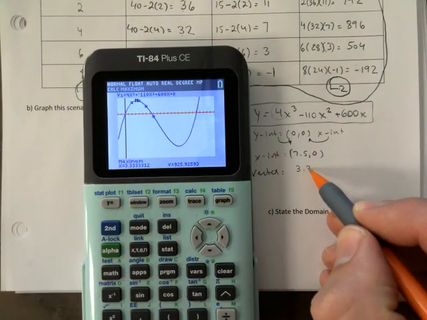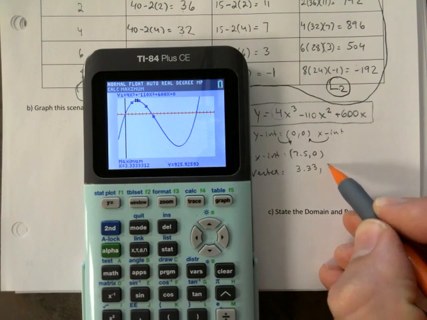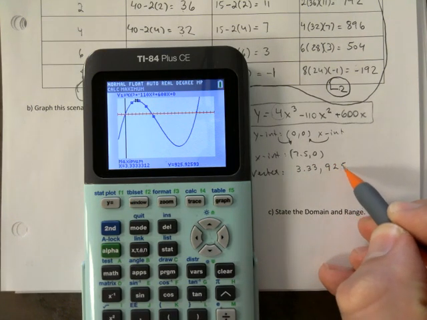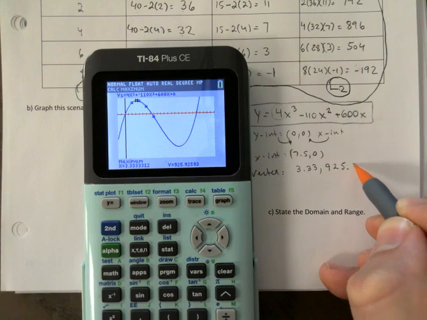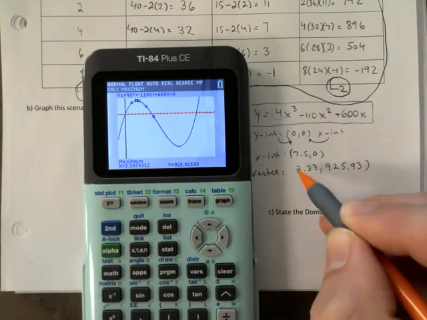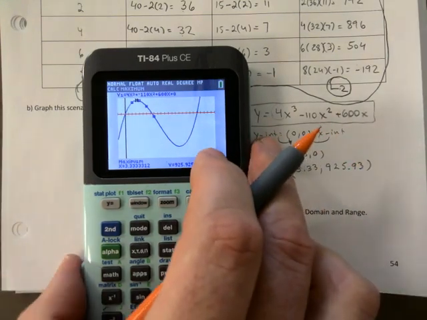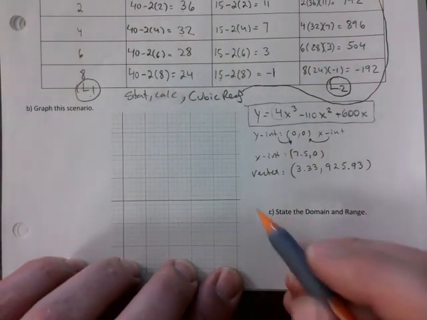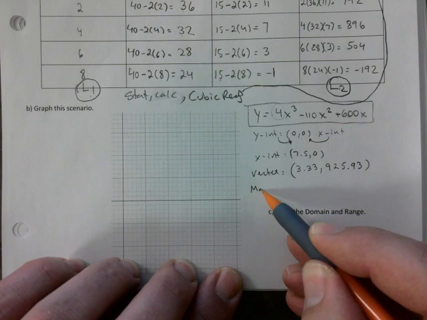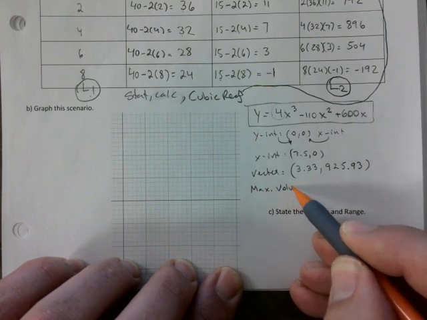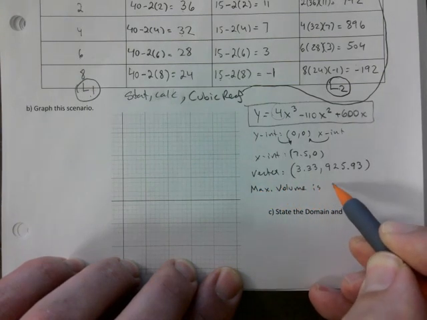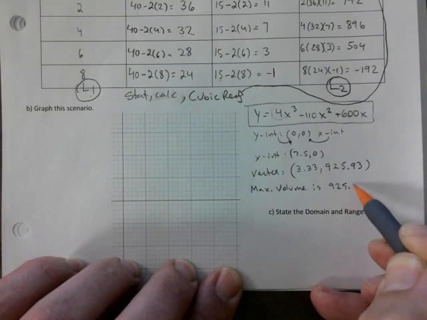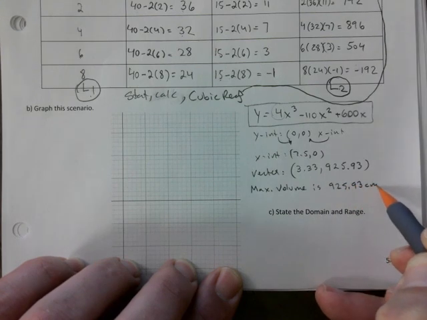At 3.33, we have a maximum volume of this. I will make a statement here. Maximum volume is 925.93 centimeters cubed.